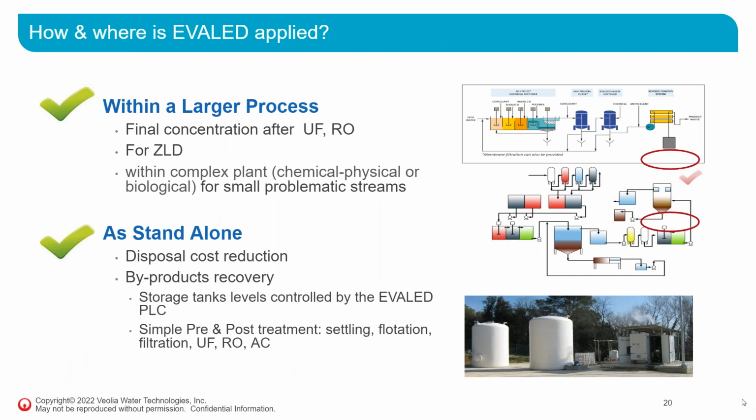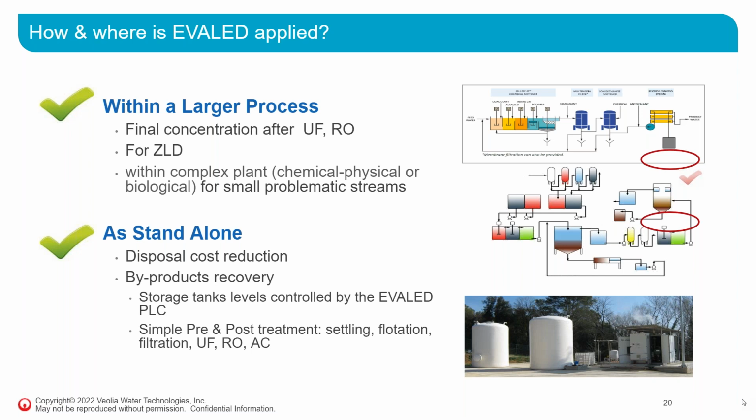So again, how and where is Evolut applying? It typically fits into a larger process. It's not meant to be fully standalone, but it can be used for final concentration after something like a UF or RO.